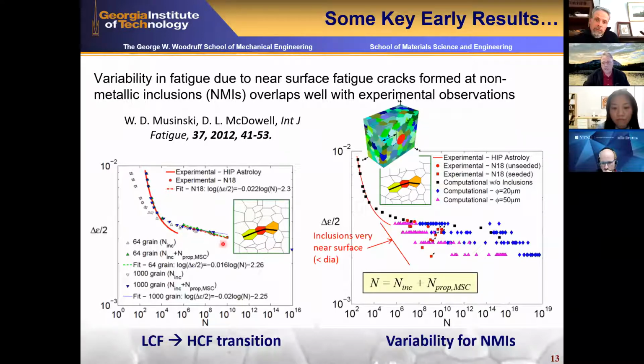But the interesting thing here, and others have found this as well more recently, is that the high cycle fatigue regime, the Basquin's law, if you will, with a shallow slope in stress space or elastic strain space, essentially, is predicted naturally from the same set of relations using the microstructure-sensitive framework.